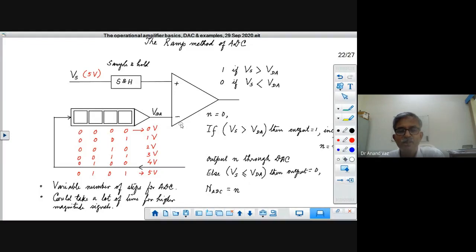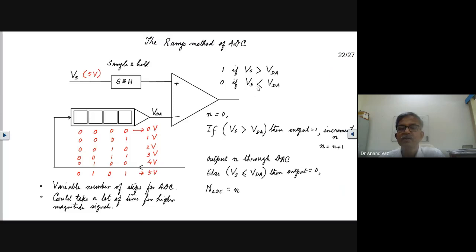So at 5, when you make the comparison, it has to be less than or equal to the DA output, then it will indicate that your conversion is ready, and it will indicate 5 volts.